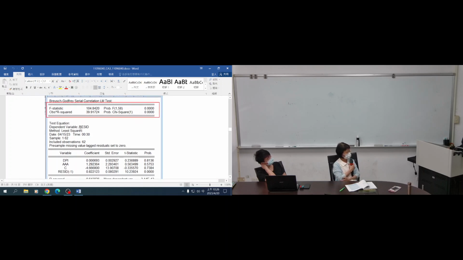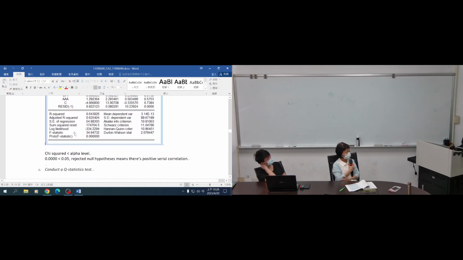For the LM test, let me explain the chi-square. If the chi-square is smaller than the alpha level, it means we reject the null hypothesis, and this is the result: 0.000.